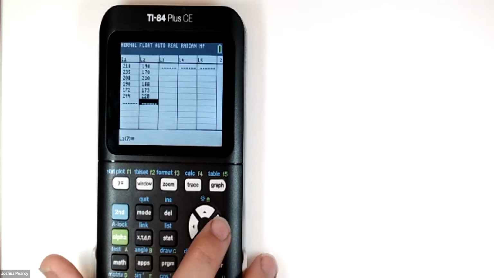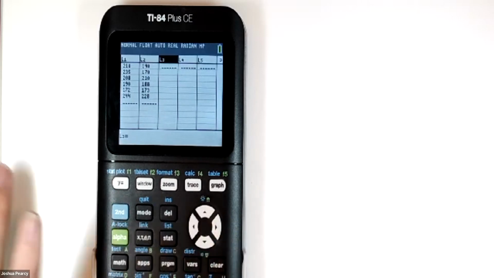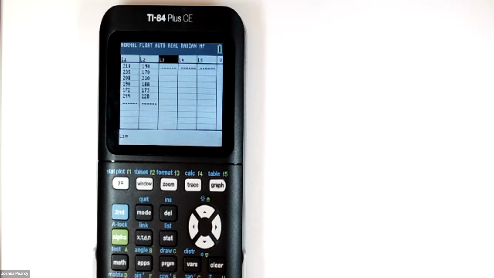Then in the third column, where it has those dashes, go up into the top where it says L3, hit enter. Then hit second L1, that'll take the first list, and then minus second L2.